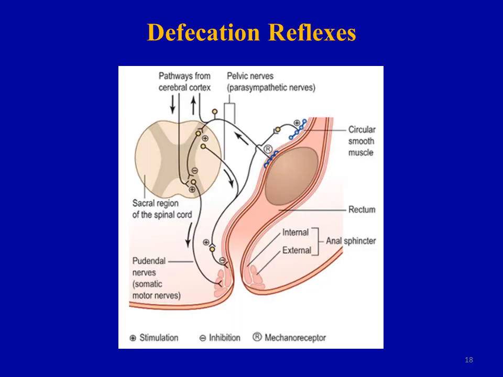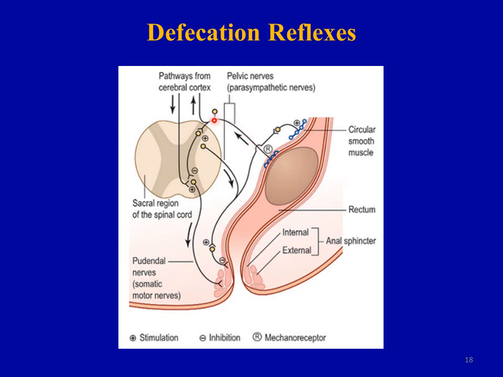As you can see here in this illustration, we have the components of the defecation reflex. This is the rectum, we have the anal canal, and we have the internal and external anal sphincters. Stretch of the rectum by fecal material will stimulate mechanoreceptors in the wall of the rectum.